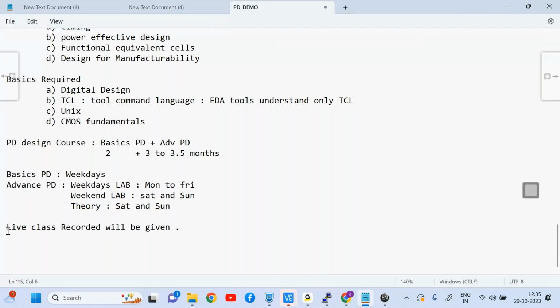When you enroll in the advanced course, from that time the tools will be given to you.